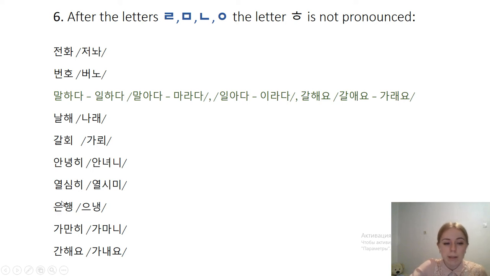N is instead of h sound, so we read it like 은행, without h. 가만히, 가네요. There are the same situations. 가만, and n is moving instead of h sound, so we see and we read it like 가만히. Here is the same. We read n instead of h in the second syllable, so it's 가네요.